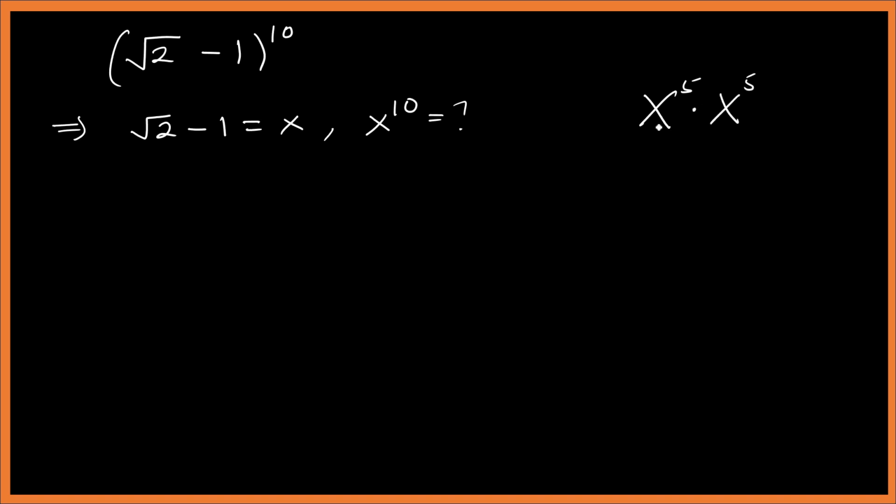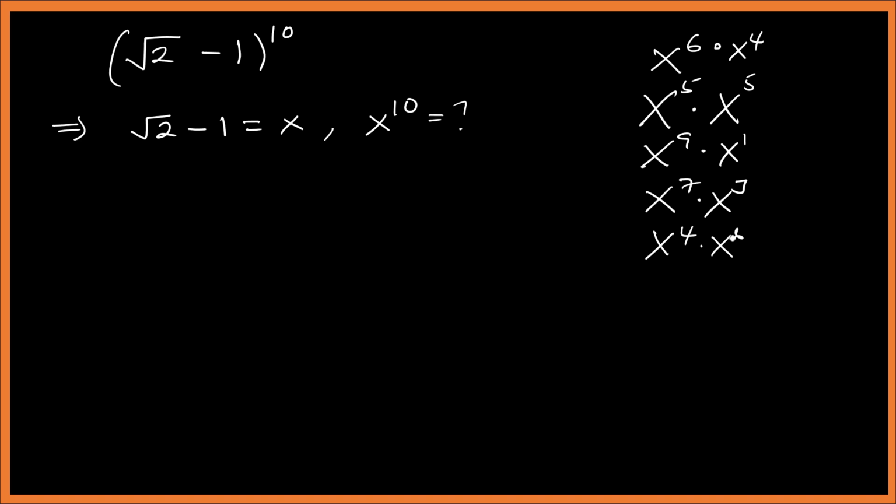So x to the power 10 can be x to the power 6 times x to the power 4, or x to the power 9 times x to the power 1, or x to the power 7 times x to the power 3, or x to the power 4 times x to the power 6. Same thing as this.